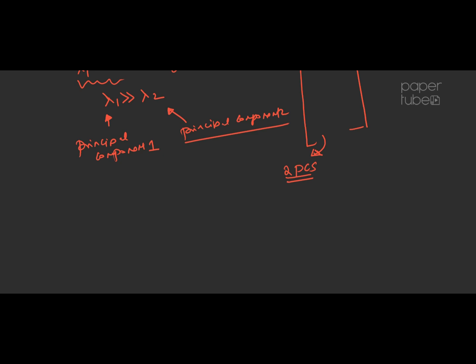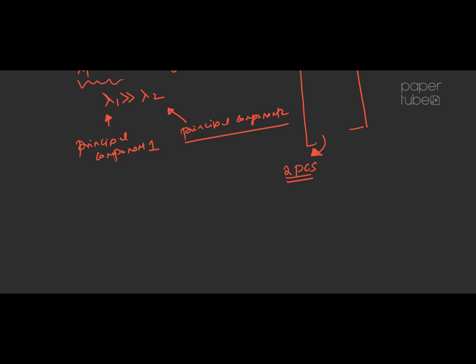So in reality, probably you may need fewer than 2 principal components to represent more than 95% of the data. This is something that you will realize at the end of this problem. So you have lambda 1 and lambda 2, that will help you to calculate 2 principal components.